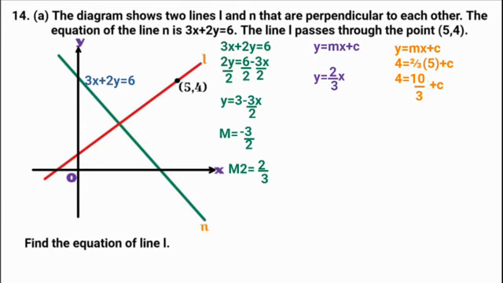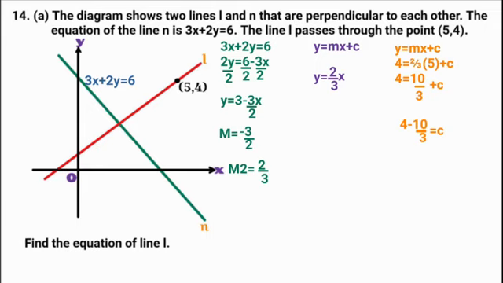Now we put like terms together, so we write 4, and the 10 over 3 crosses the equal sign to the side of 4, so it becomes minus 10 over 3, which is equal to c.